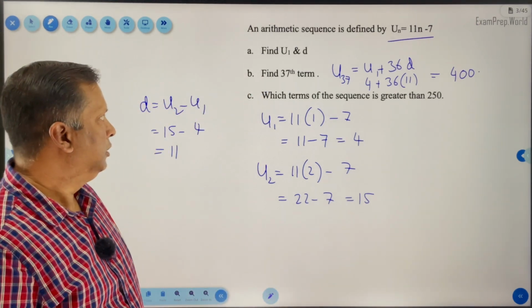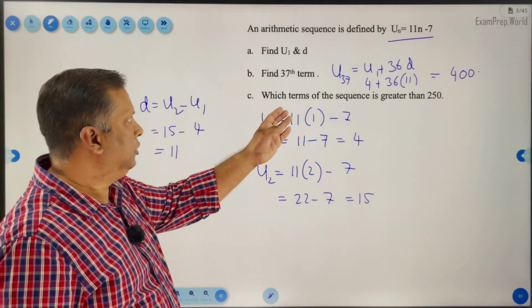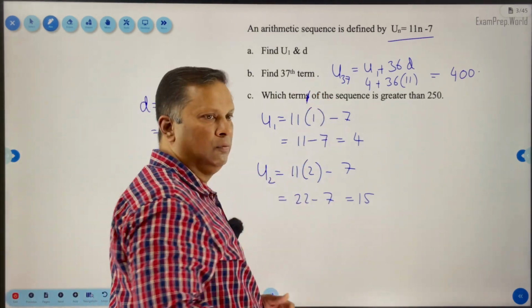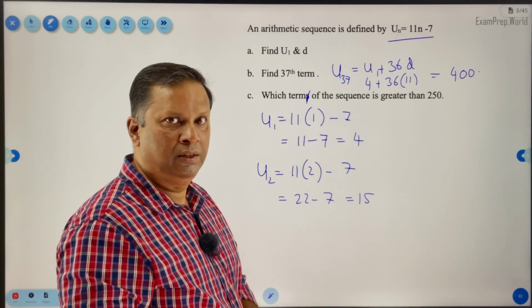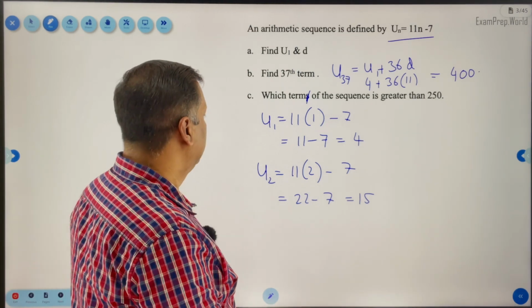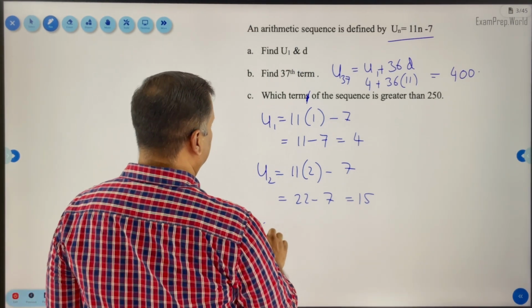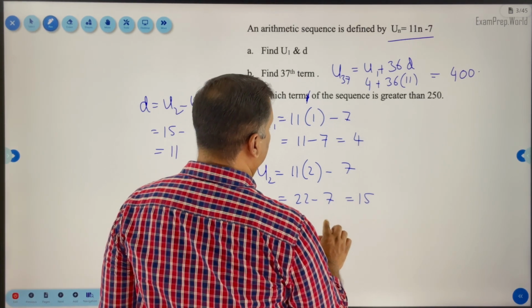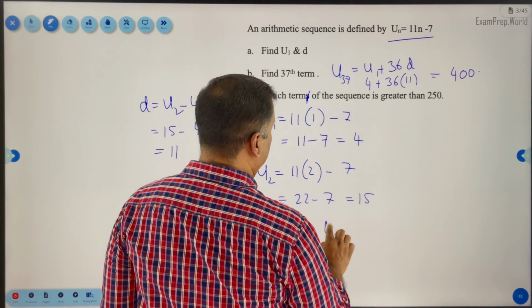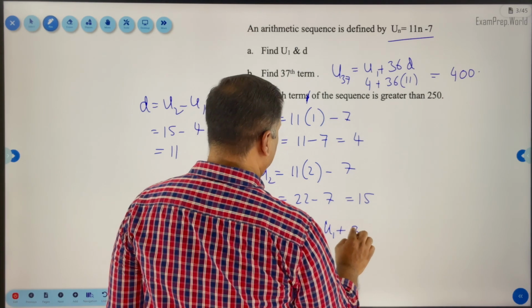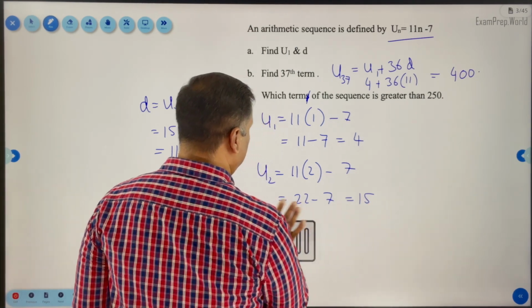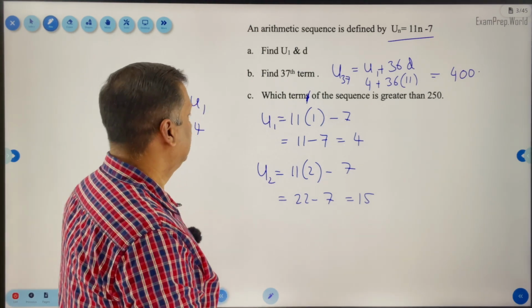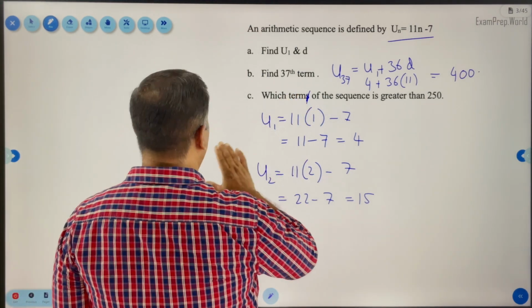Now, which term of the sequence is greater than 250?